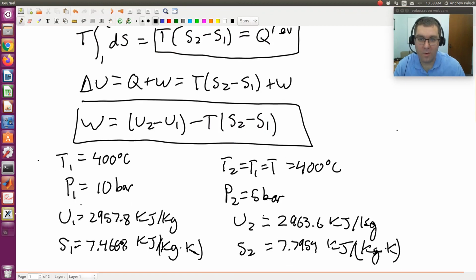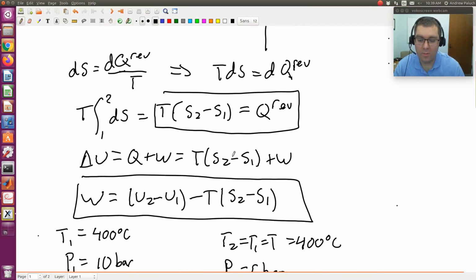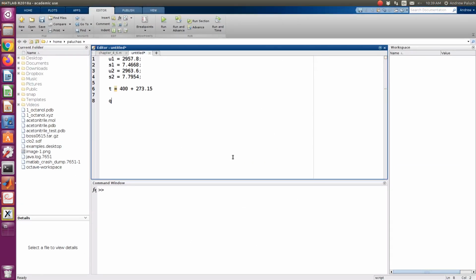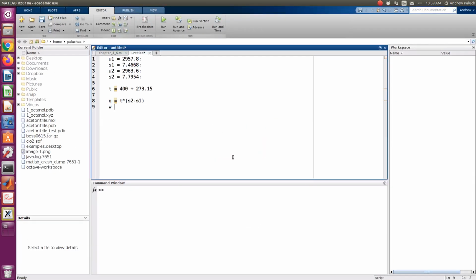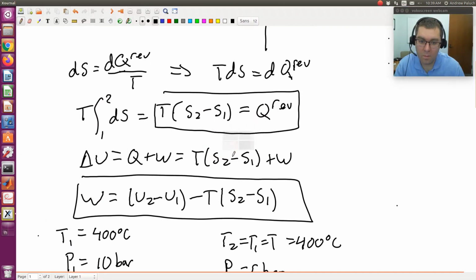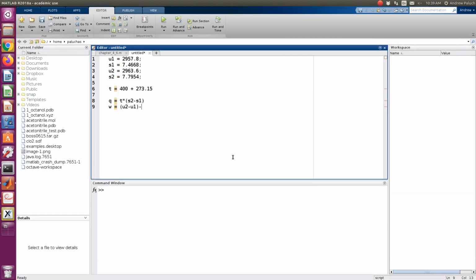So then from our equations, all right, Q is just equal to T times S2 minus S1. And W is equal to U2 minus U1 minus Q, which is T times S2 minus S1.